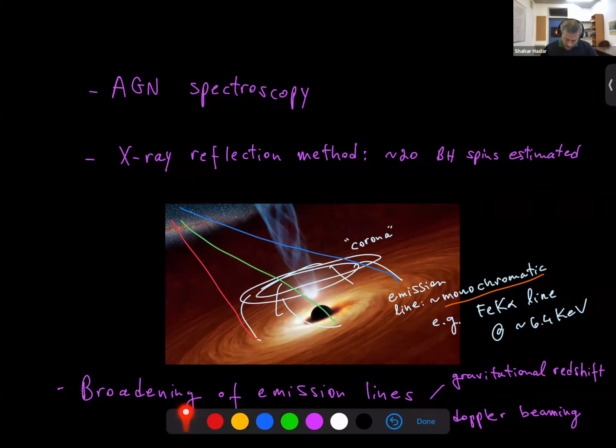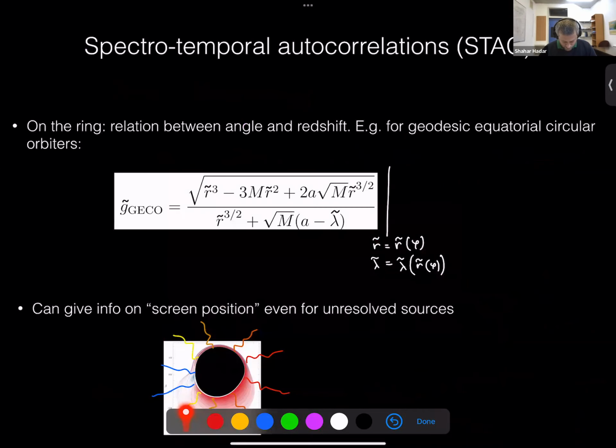The different places where it reflects on the disk arrive at the observer with different colors or different redshift. That causes this broadening of the iron line due to gravitational redshift and Doppler beaming, their combination. All right, and about 20 black hole spins were estimated using these.